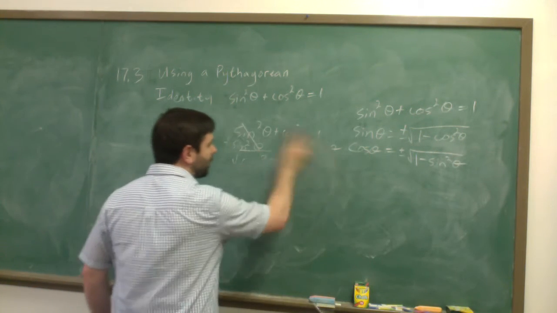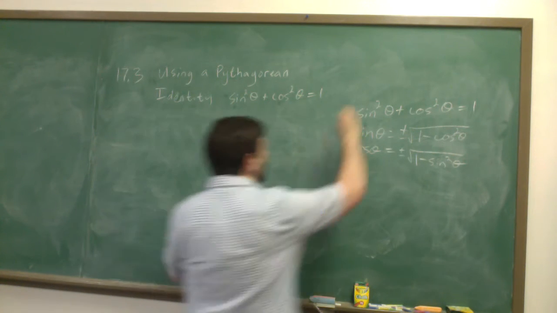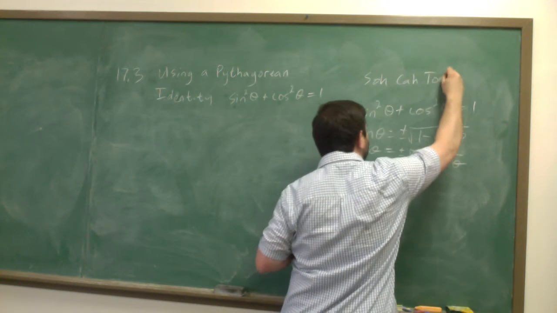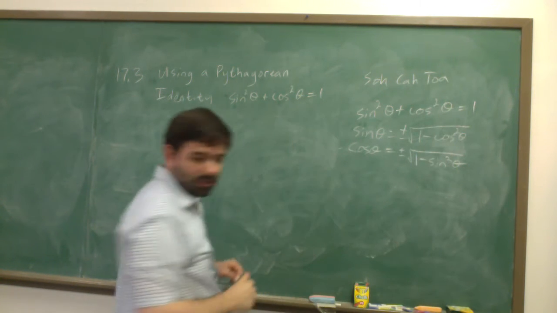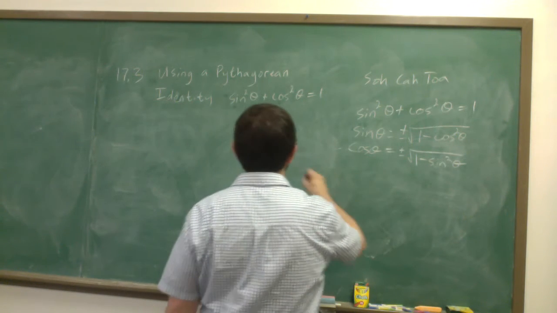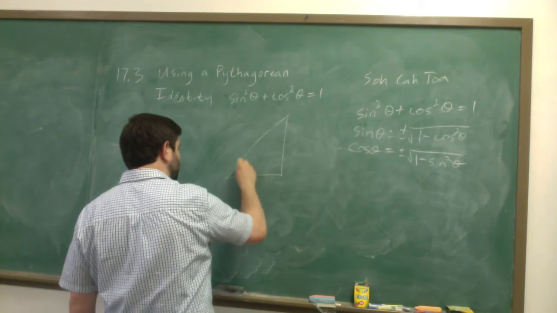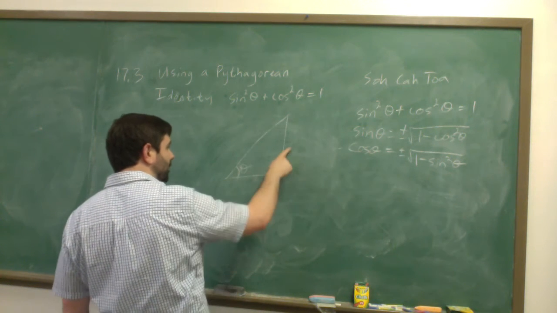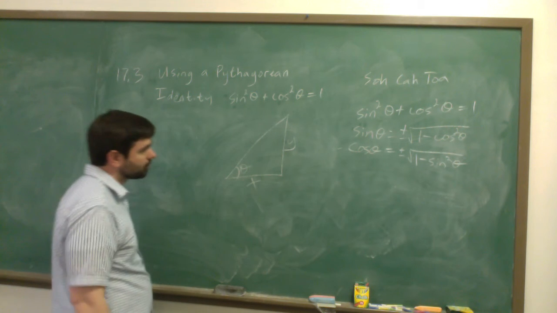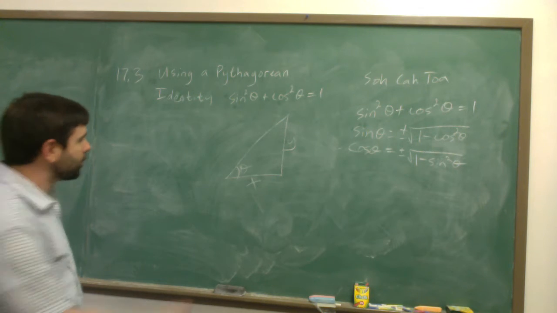Okay, so we've got these rules that we already have down from SOHCAHTOA. Tangent is opposite over adjacent. So if we think about our angle, here's theta. Opposite side is our y. Adjacent side is our x. On the unit circle, the hypotenuse is 1.